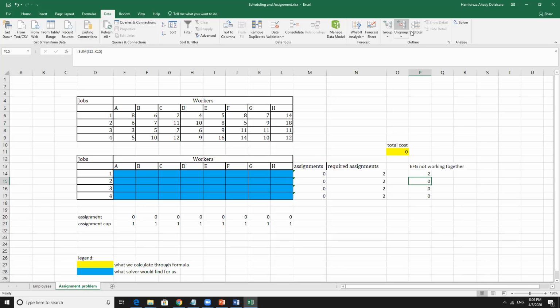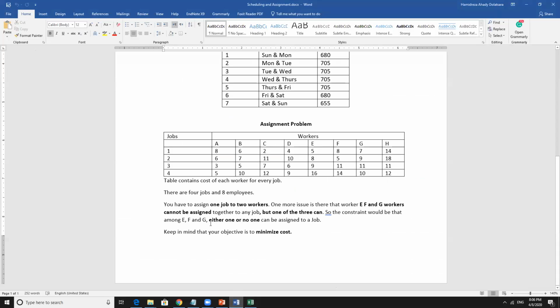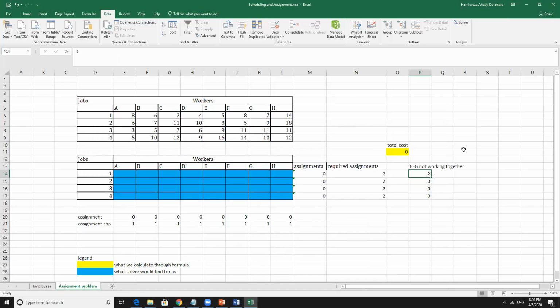It's like two of the 3 workers are working on the same job. Oh yeah, that's a really good answer. And it's not good. If it's 2 here, it means I'm not satisfying this constraint. I said workers E, F, and G cannot be assigned together on any job. If here you have 2, maybe this one is 1 and this one is 1 and this one is 0.